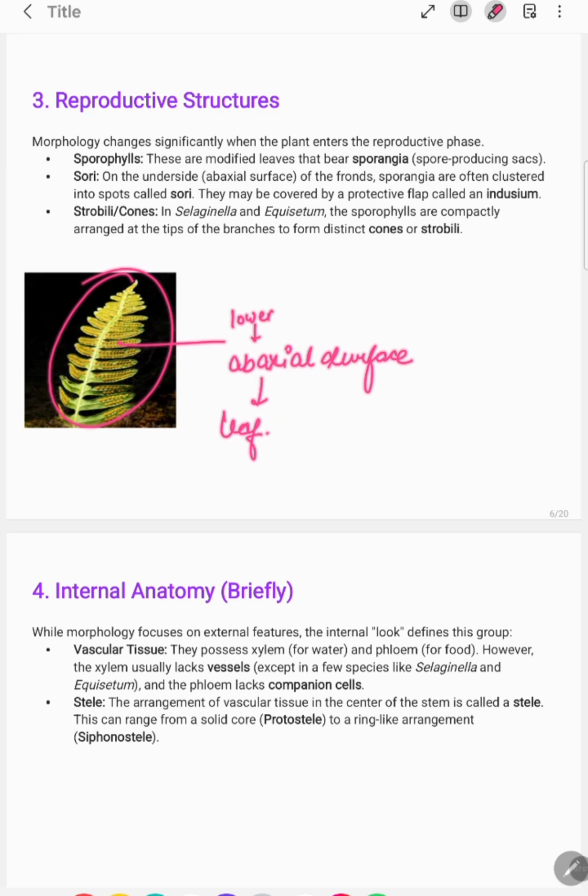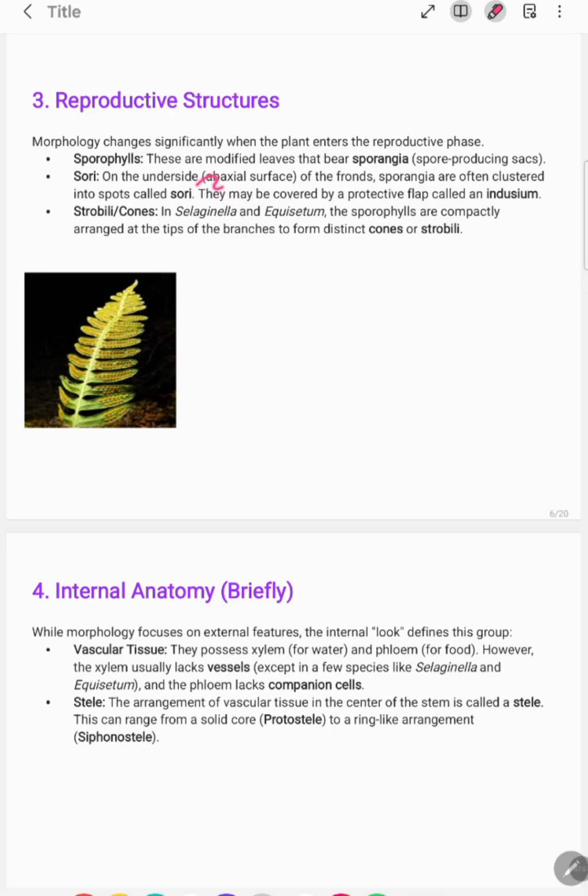The fronds are the leaves in the pteridophytes. These sori may be covered by a protective flap, which is known as indusium.